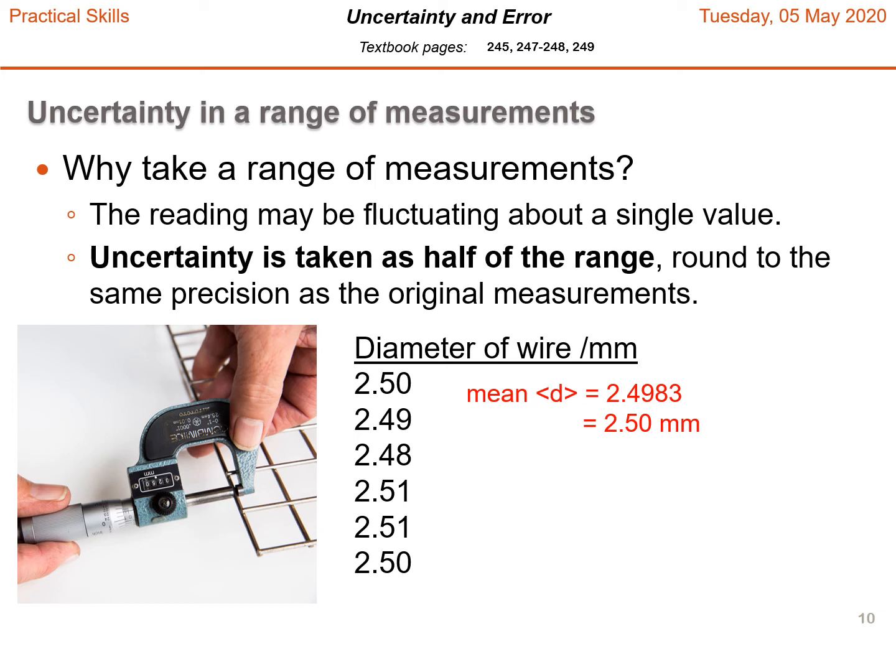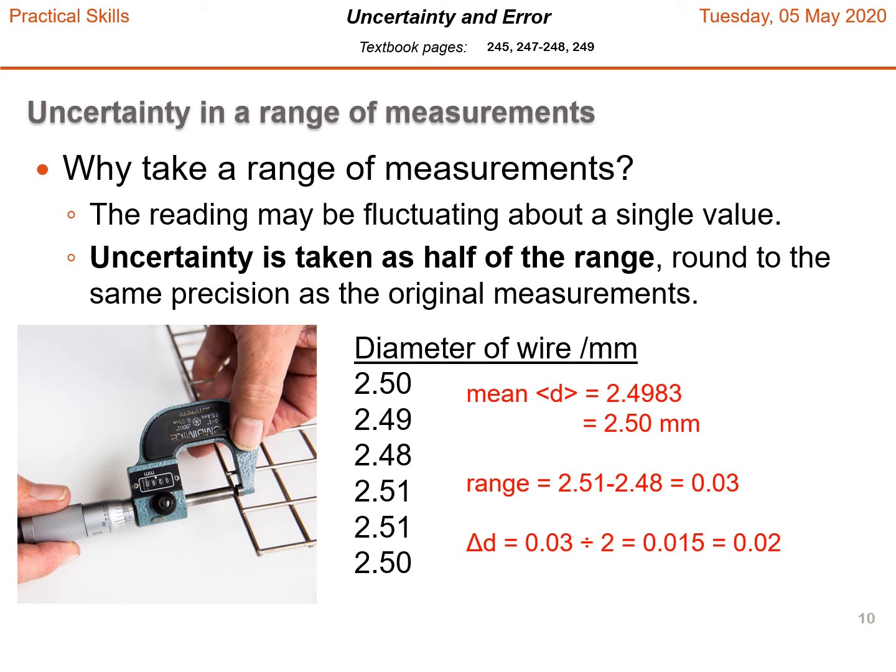To find the range is again very straightforward. We take the largest value and subtract the smallest value, in this case 2.51 take away 2.48, which gives a range of 0.03 millimeters. Next we go to find the uncertainty in the measurements. I've used here the delta symbol, a large triangle, to represent uncertainty, and that is the standard notation that we are going to use.